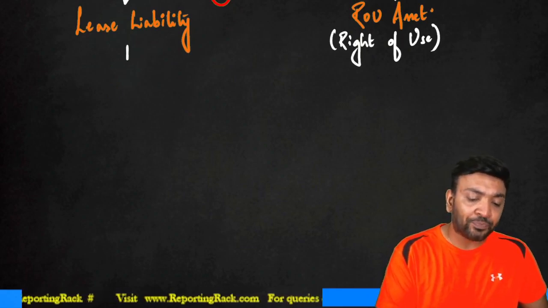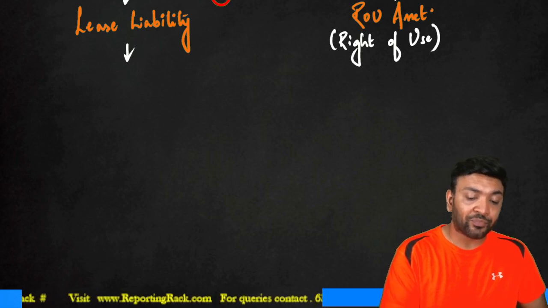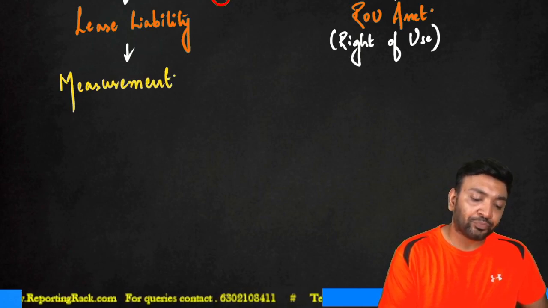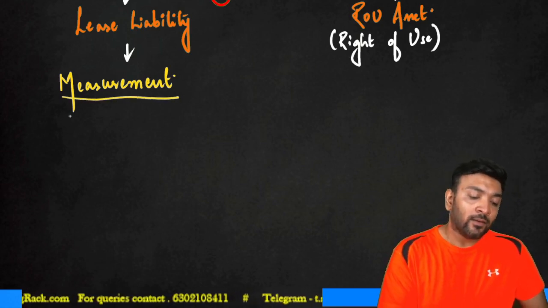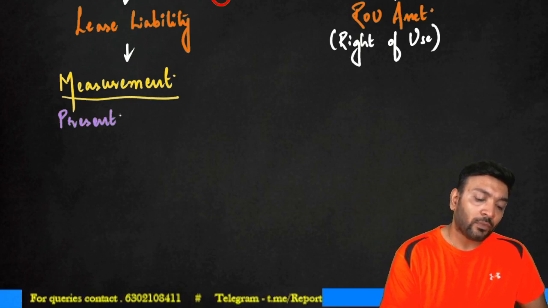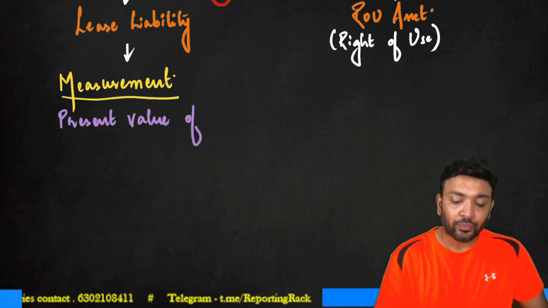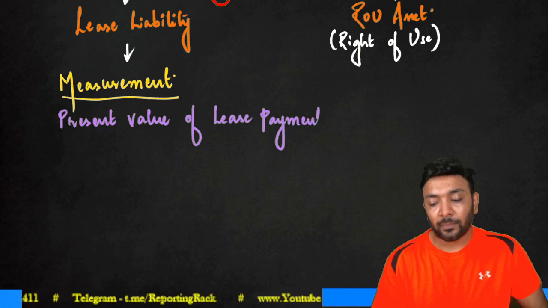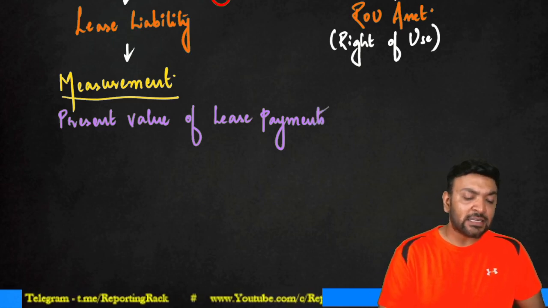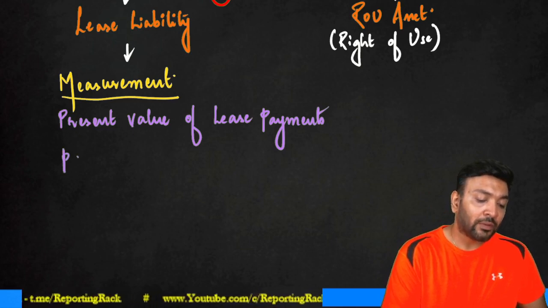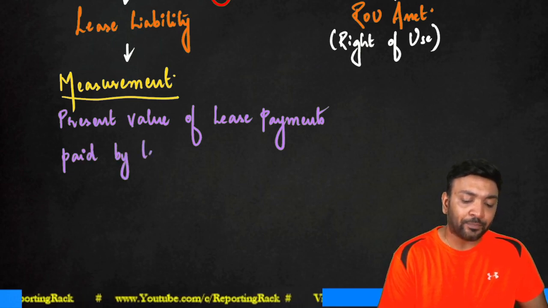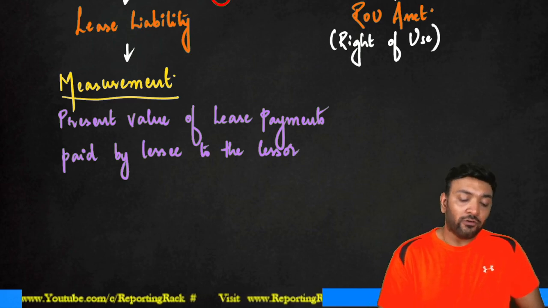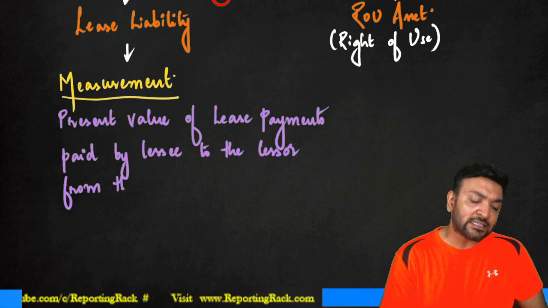When I talk about lease liability, the lease liability measurement should be the present value of lease payments paid by lessee to the lessor from the date of commencement of lease.